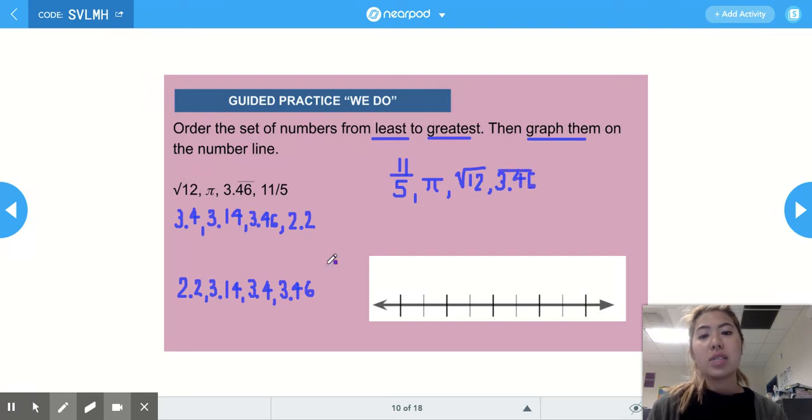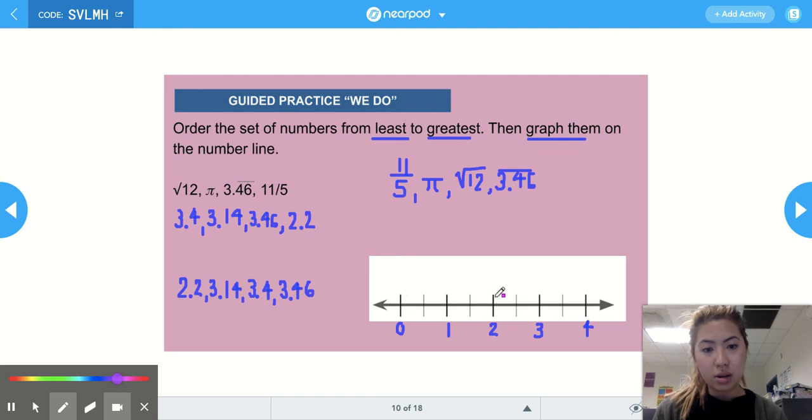So now, since we have to graph it on the number line, we're given a blank number line, so we have to figure out what the constraint should be, or what the line should represent. So I'm going to say that this is 0, this is 1, this is 2, this is 3, and this is 4. And so 2.2, which is 11 over 5, is going to be around here.